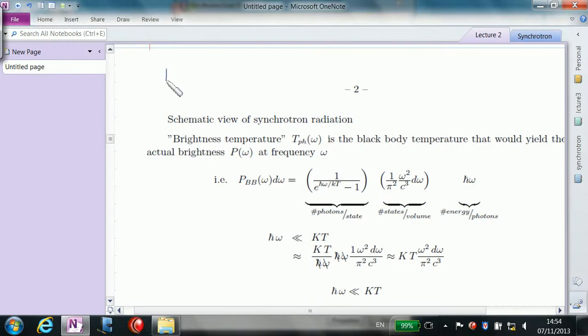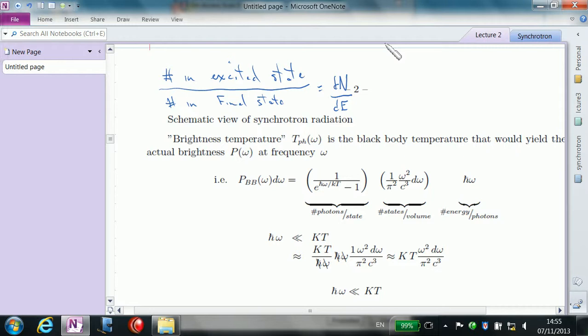So the number of electrons in the excited state divided by the number in the final state is just equal to dN dE. No, let me say it this way.